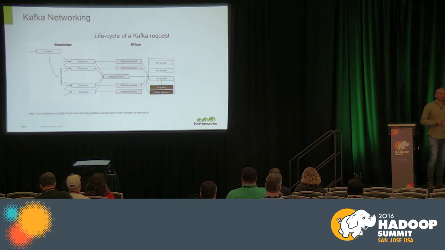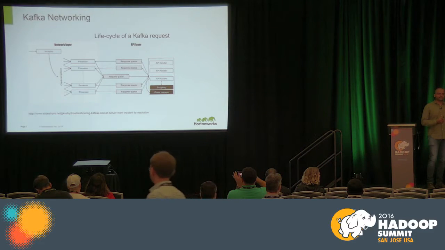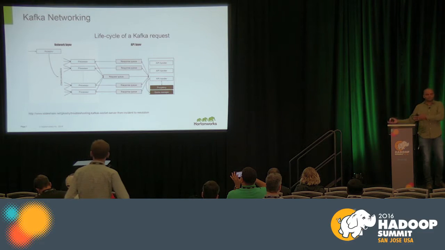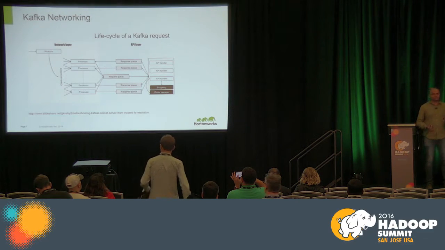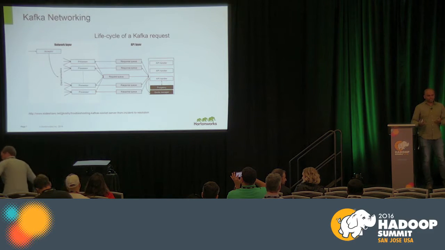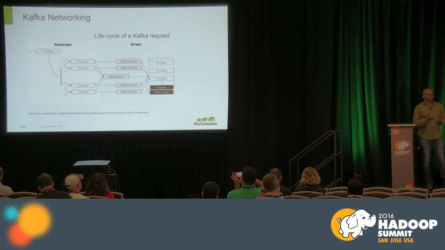It creates a socket channel and hands it over to multiple processors. As the clients are sending data, there's a selector loop that goes and picks up the ready sockets, reads the data and gives it to the processor. The processor then goes back and gives it to the Kafka APIs, where you have the metadata request, create topic, produce request, and all the requests that can happen, and sends the response back to the same socket channel once it is ready.